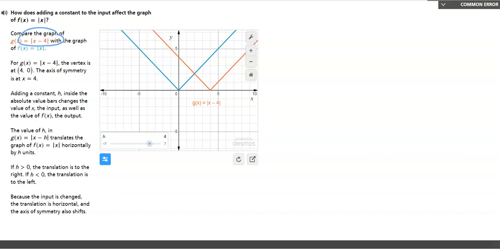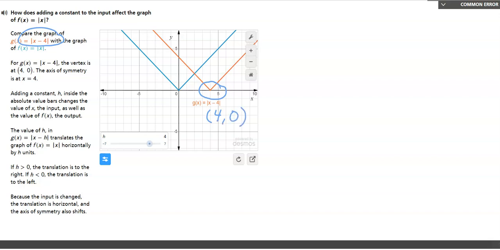If you remember on the prior one, the -4 was outside the absolute value bars. And you can see our original graph is the blue one. Our new graph is this red graph. And you'll see that it says x -4, but it's sitting at a vertex of +4.